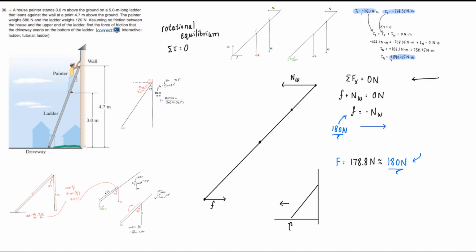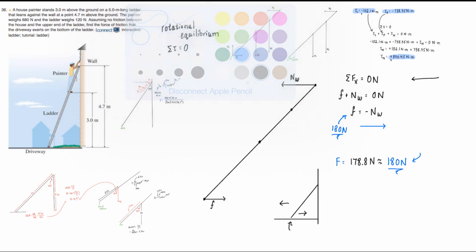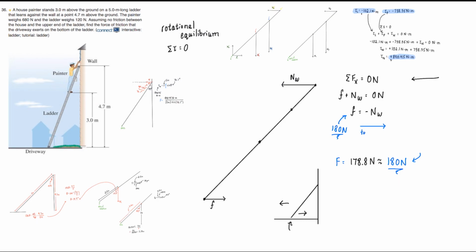So what the frictional force is doing is providing a force towards the wall to prevent the ladder from sliding away from the wall. So in summary, our frictional force has a magnitude of 180 newtons, and it's directed towards the wall. And that is our final answer.